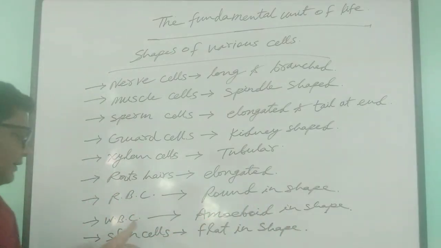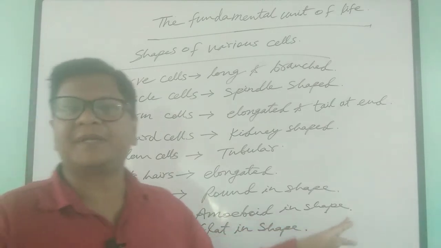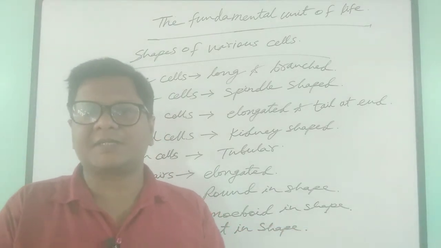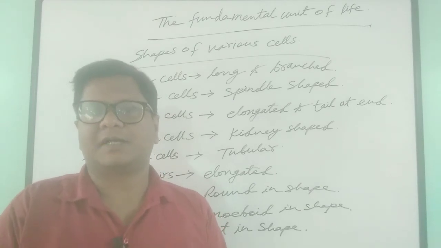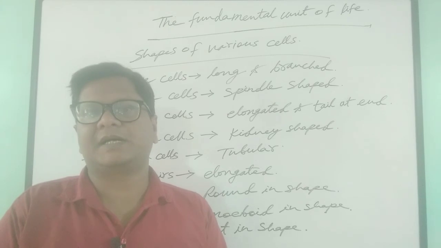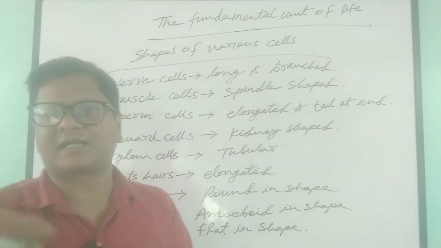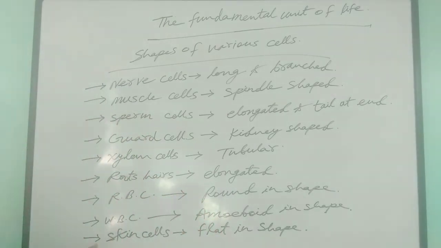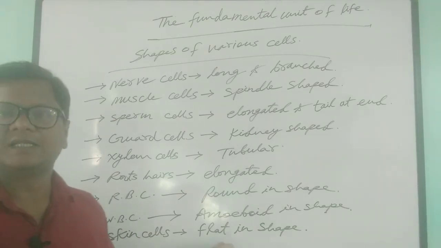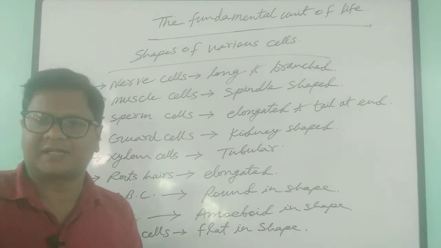In a similar fashion, WBC also has an irregular, amoeboid shape, because it moves throughout the blood in order to kill bacteria and other kinds of germs. Now we will discuss the skin cells. These are flat in structure or shape.